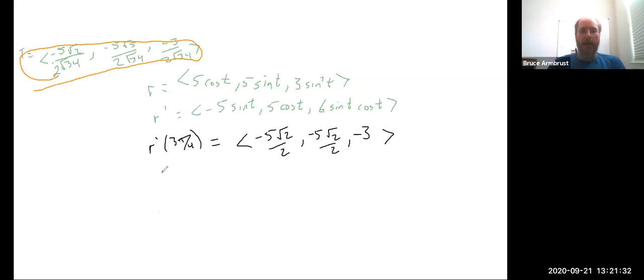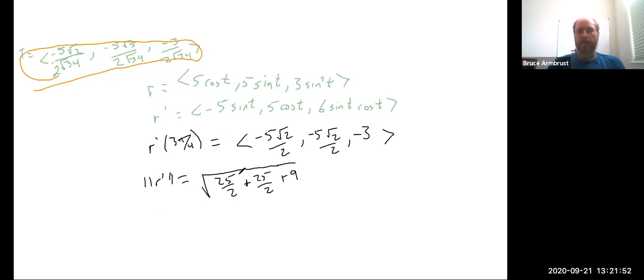So now I'll find the magnitude of r prime. That's going to be the square root of 25 halves plus 25 halves plus 9.